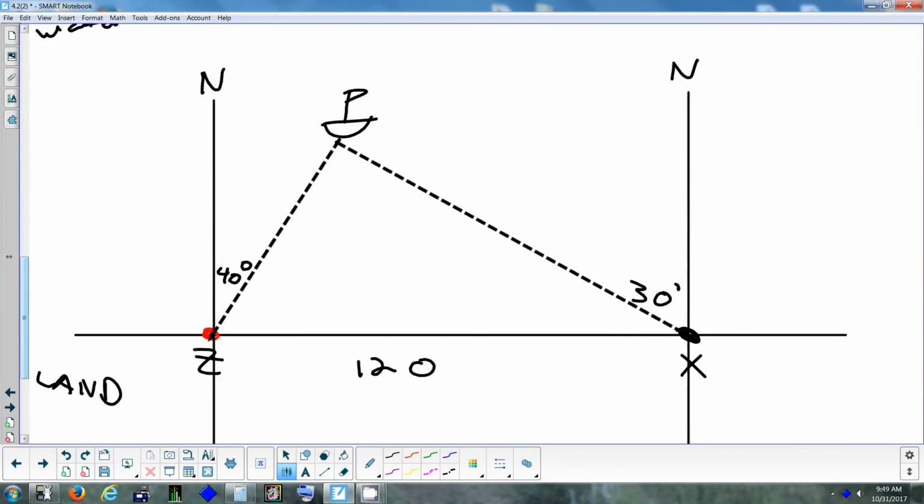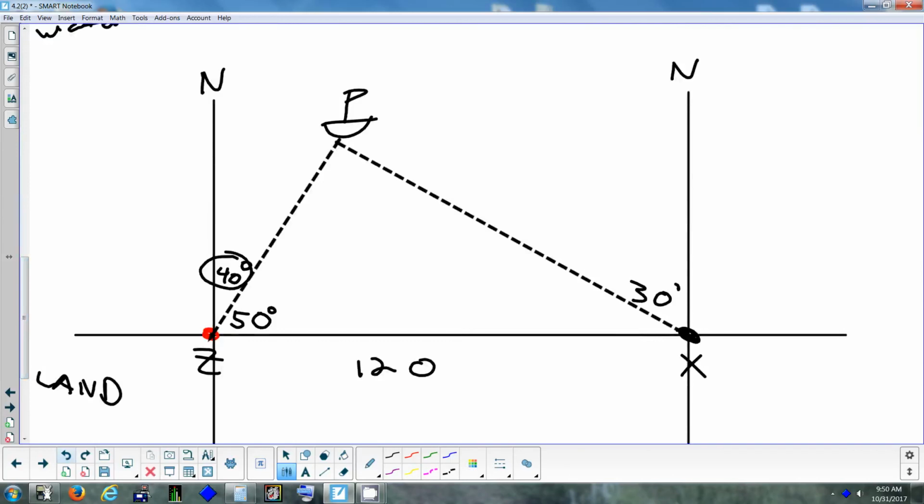Okay. So if this angle is 40, how much is that angle? Alex? 50. Yep. That would be 50. And if this other angle is 30, how much is the angle on the inside? Molly? How much is that angle? 30.